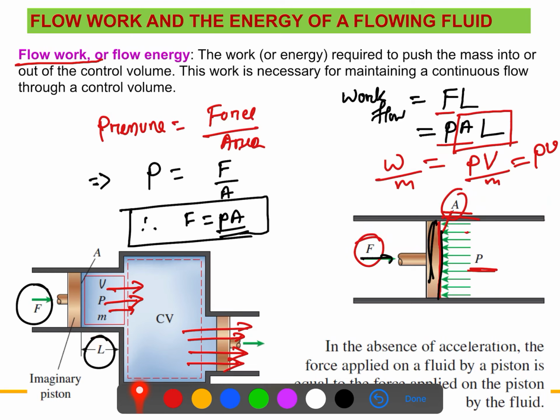Initially it is here, and this fluid element must go there, so we need to travel this whole length L. So the work will be the force times the length L. I think you understand this.